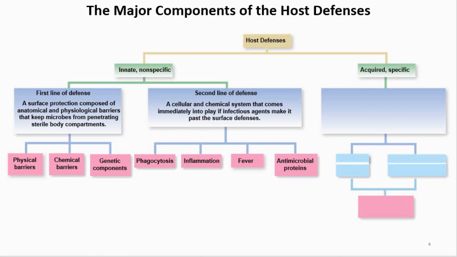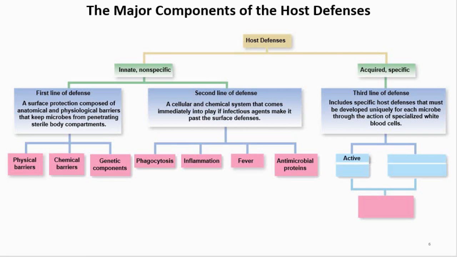So acquired or specific immunity is a completely different story, and this is all under the third line of defense. And this is where we create memory to very specific pathogens. So we can get this specific immunity or acquired immunity two ways, either actively or passively. Actively is with an infection.